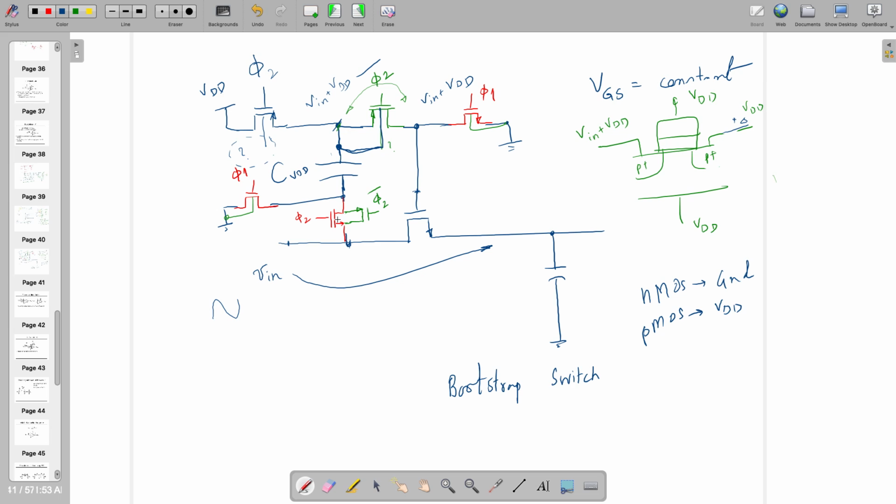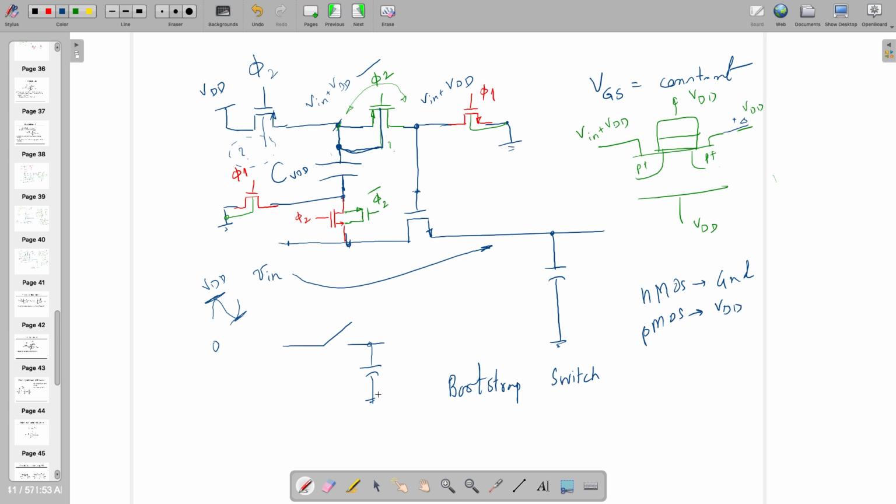If I am connecting this to ground and this to VDD, no problem, because input is between 0 and VDD. Practically also we will do the same from a layout point of view. I'm talking about all of this from a practical point of view. Otherwise, you can use a simple switch like this, so practically you have to implement such a structure, which will make sure Vin is equal to Vout.